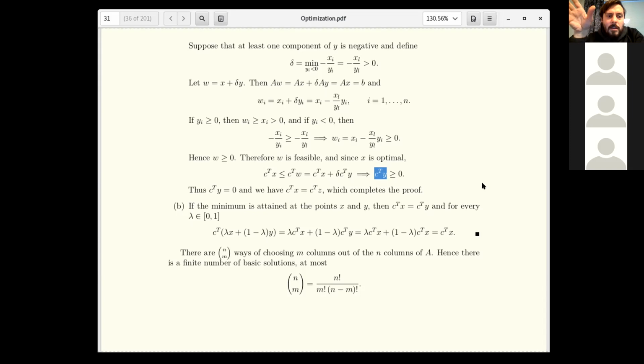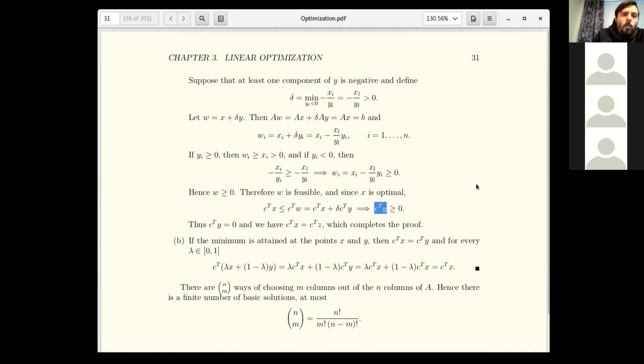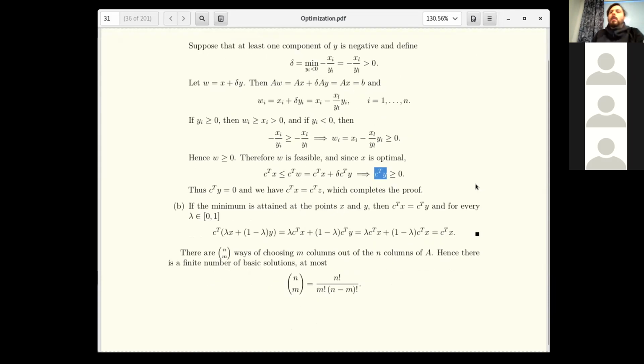If we call that z, then Az must also be b. So the point here is that we can solve this problem by looking at the basic feasible solutions and by moving from one basic feasible solution to another by use of the null space. We'll shortly see how.